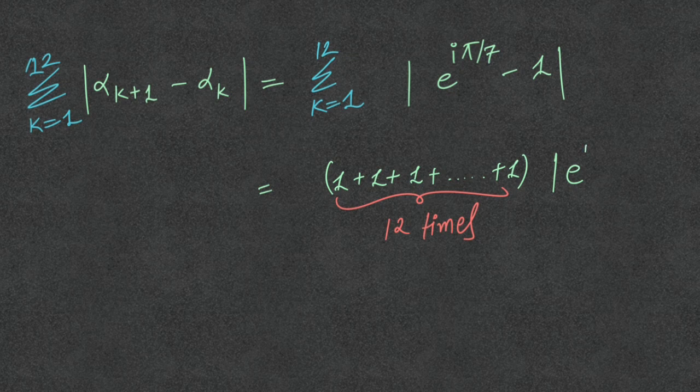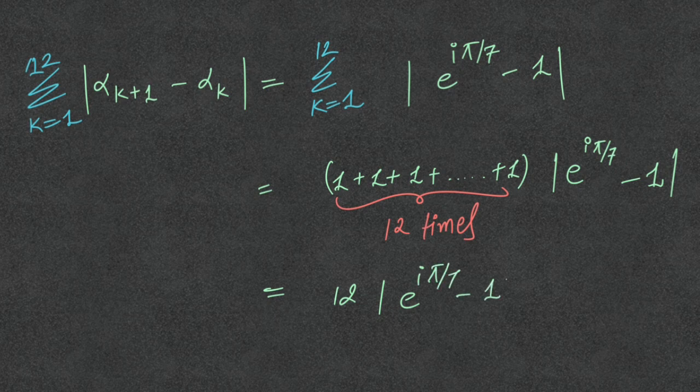And mod of e to the power iota pi by 7 minus 1 acts as a constant. This is equal to 12 into mod of e to the power iota pi by 7 minus 1. This is equation number 1.